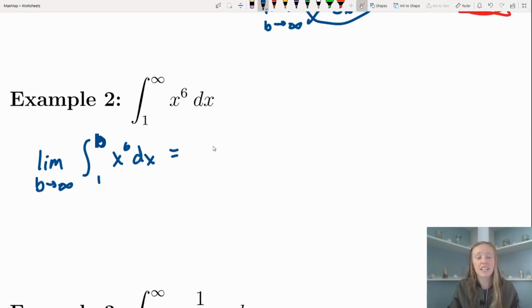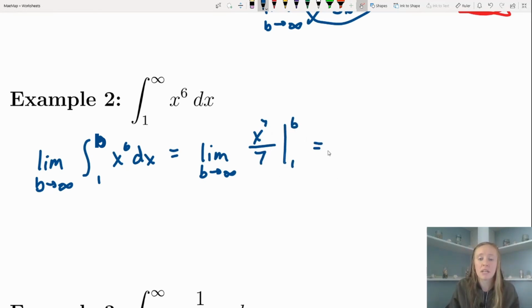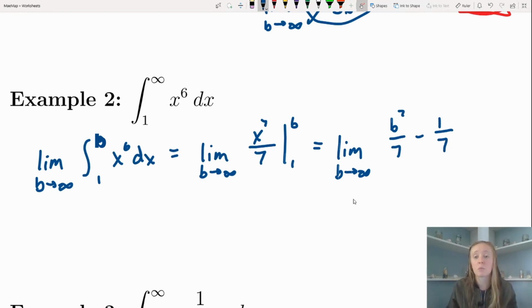Integrating x to the 6th, remembering that we're still taking the limit, that becomes x to the 7th over 7 from 1 to b. Plugging in b and subtracting plugging in 1, we're going to take the limit as b approaches infinity of b to the 7th over 7 minus 1 over 7, because 1 to the 7th is 1, so we're just subtracting 1/7.